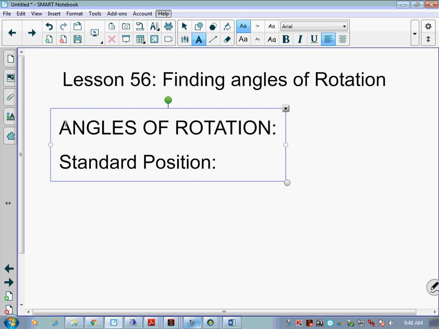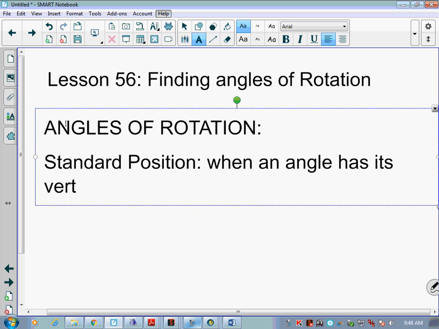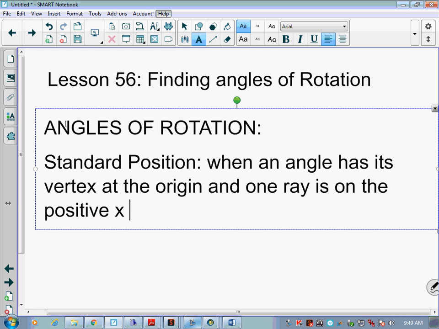Let me state that again: it's when an angle has its vertex at the origin and one ray is on the positive x-axis. Okay, standard position.